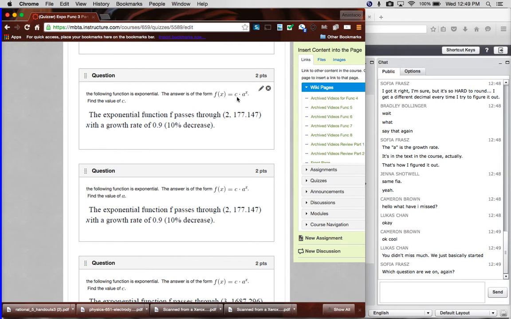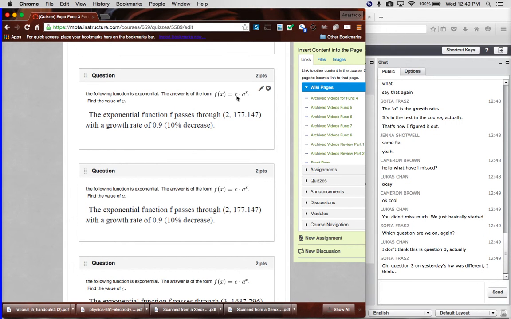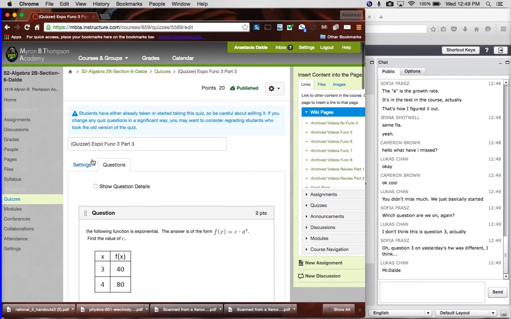This is like question number 3 on yesterday's homework. I know what my A value is. It's 0.9. That's pretty easy. Right off the bat, I know how to do that. I wish there was some way I could figure out one point that this problem passes through. Oh wait, is this a different homework?